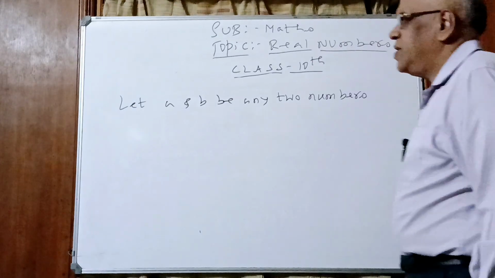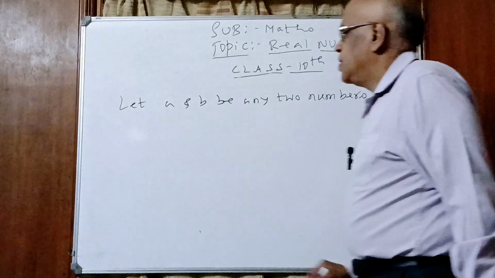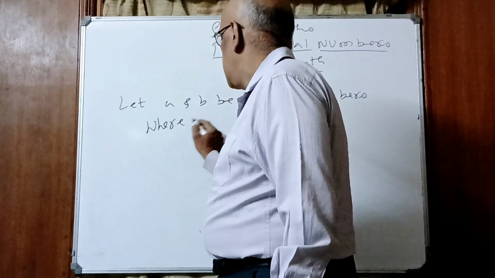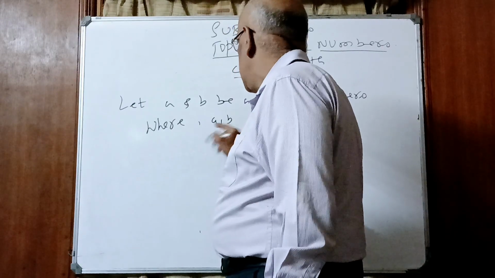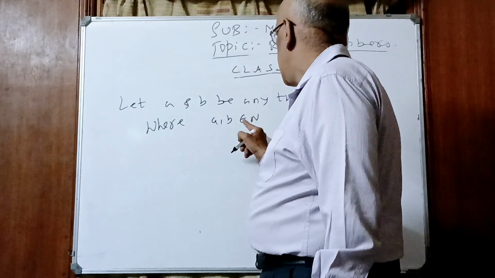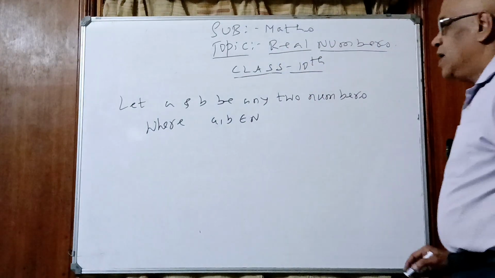Natural numbers means they are taken as positive. Where A comma B belongs to, what is the symbol? How to read this? A comma B belongs to the set of natural numbers.